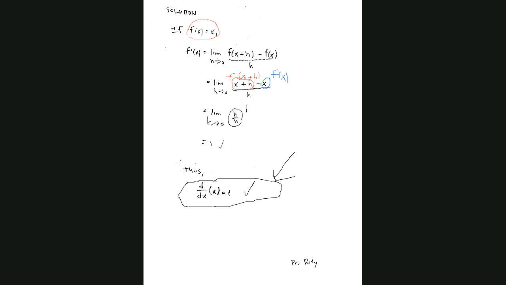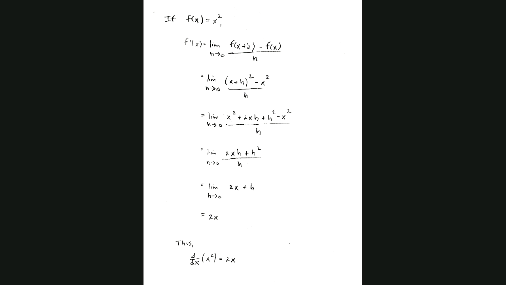All right. Next, our function f of x is equal to x squared. So we use the definition again. So f of x plus h is x plus h squared right here. And f of x is x squared. And we work through the definition.